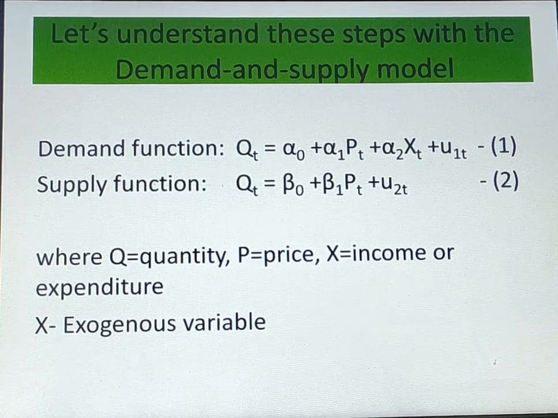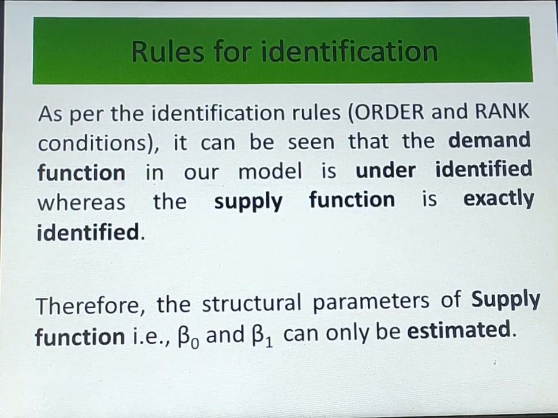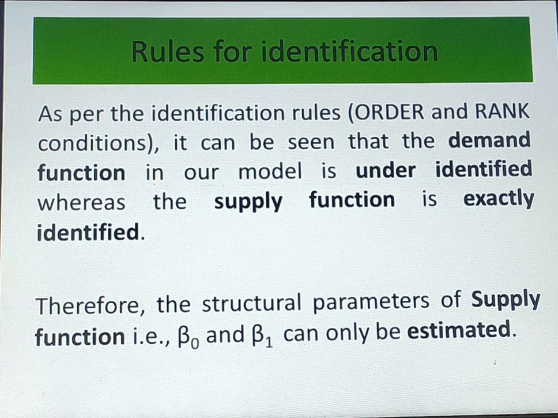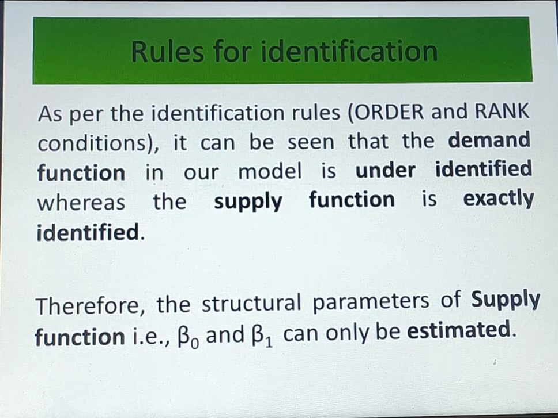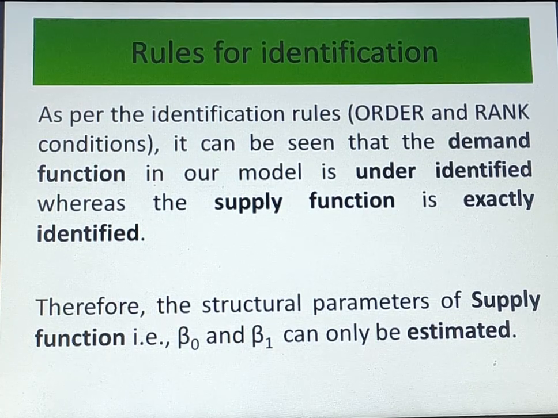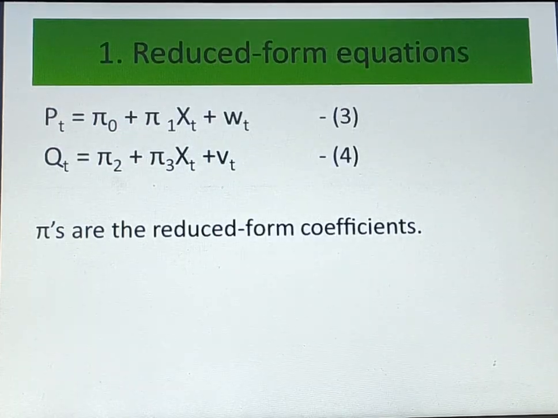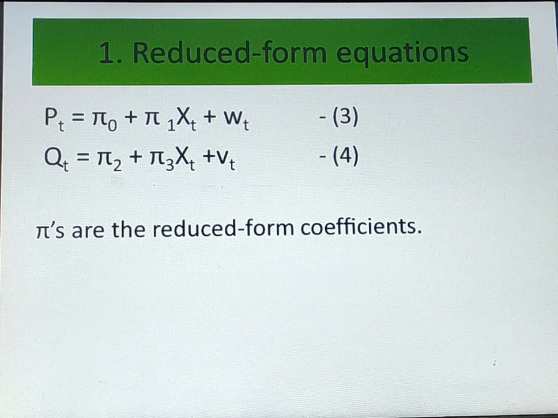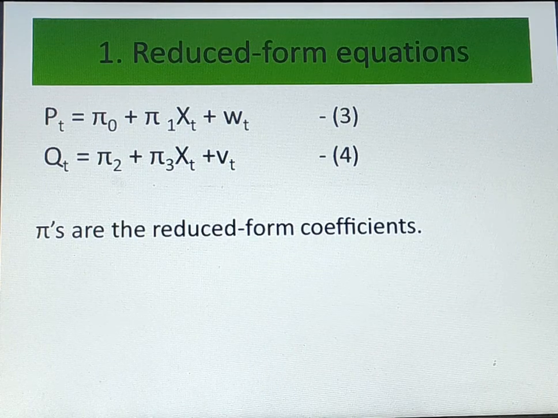For that, we have to check the two conditions of order and rank. After applying these conditions, we can see that the demand function in our model is under-identified, whereas the supply function is exactly identified, which means that the parameters of the supply function can only be estimated and not those of the demand function. So let's apply step number 1, that is to derive the reduced form equations.